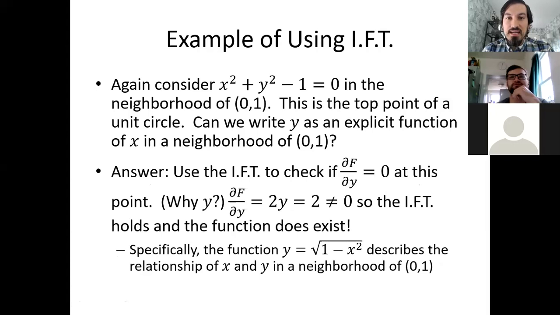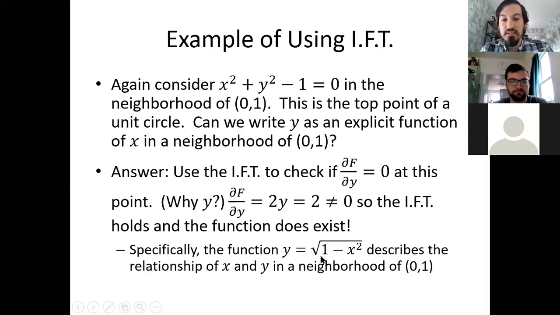By the way, this is exactly what we just did. What I have on the slide here is a description of what we just did with the whiteboard. I will say it again. Briefly, if we wanted to check if the function exists at the top point of the unit circle, we would say yes, it does, because df/dy is 2y, which is 2, which is not 0.